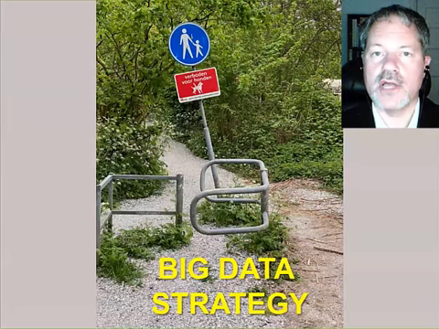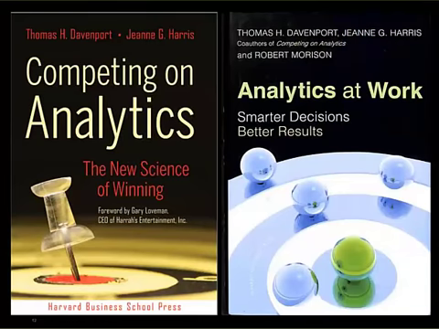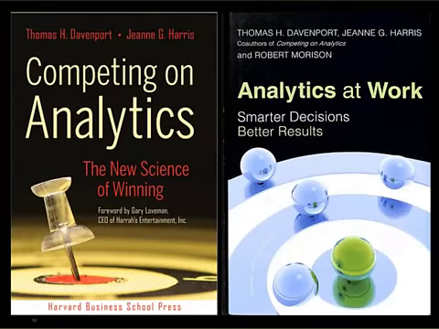There is an article by a well-known researcher in the analytics field, Tom Davenport, who's known as the godfather of analytics, about some of the challenges that organizations experience when attempting to implement an AI strategy for their organization.